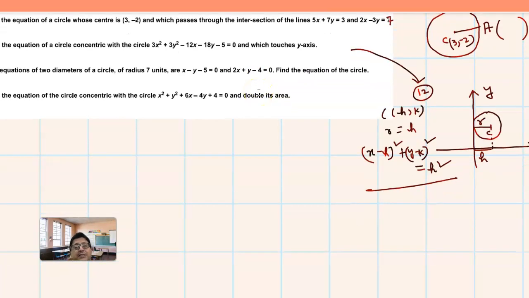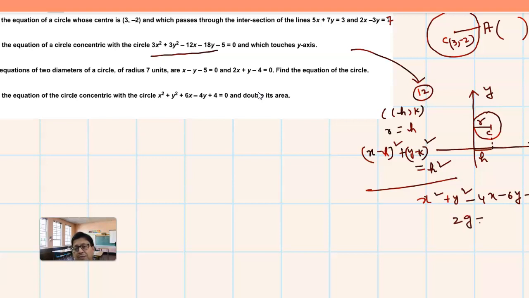So for the present circle given to us, let us find the center and radius first. We need to express this in standard form. Divide both sides by 3. It will be x square plus y square minus 4x minus 6y minus 5 by 3 equal to 0.